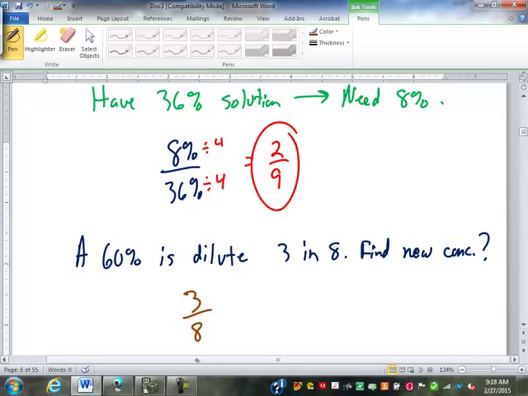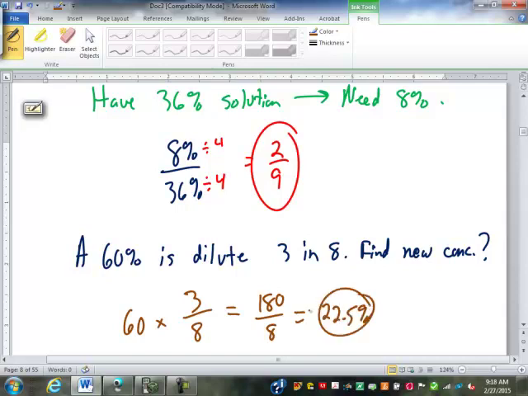It's a lot easier than it looks. Perfect. 3 in 8 dilution is 3/8. 60 times 3/8 is 180 over 8, which divides out to be 22.5% solution. That looks like a good spot to take a break.